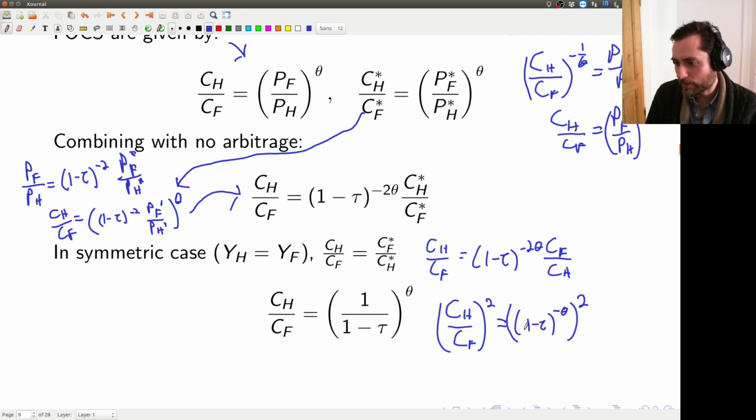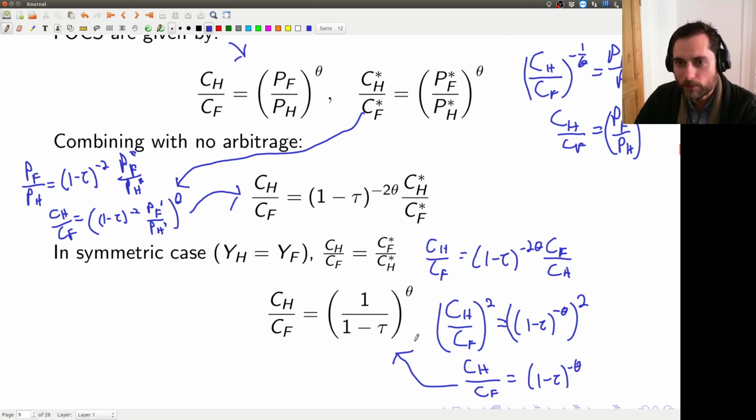All right, take the square root of both sides, and not worrying too much that we have negative values of consumption, since they have to be positive, let's just write out 1 minus tau to the power negative theta. And then that's just another way of writing this expression here. Okay, so that leads to this with just one more small math step.